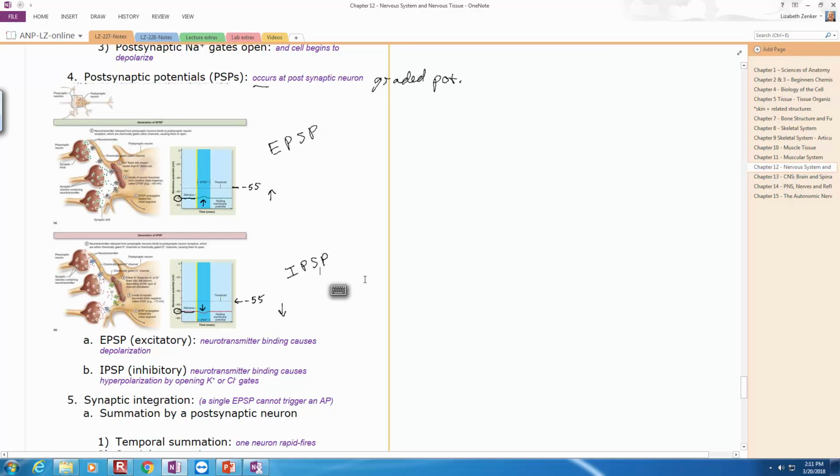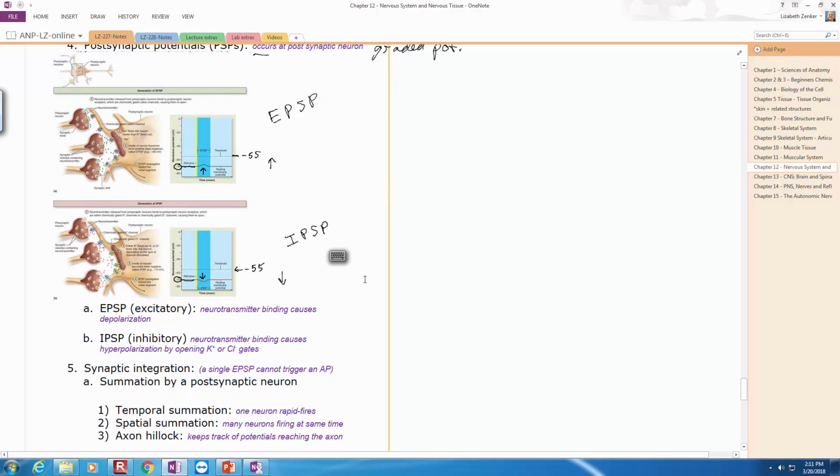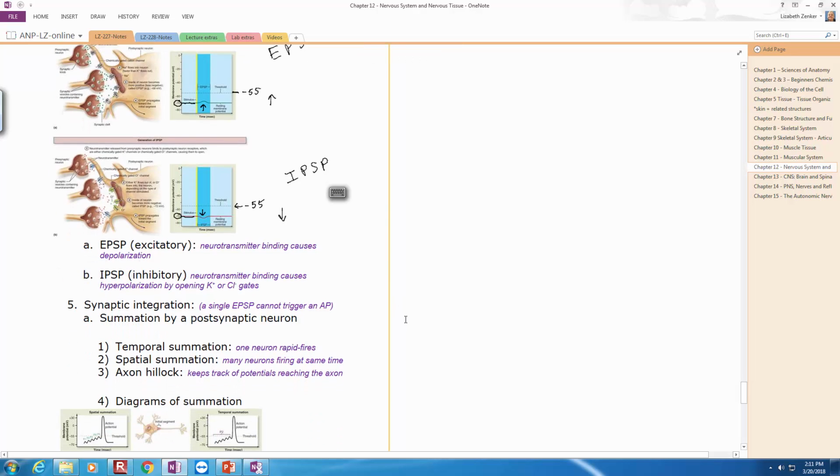But a synaptic integration means a single EPSP cannot trigger an action potential. You're going to need many graded potentials, or EPSPs, to finally trigger that action potential. So this is that idea of summation by a postsynaptic neuron.